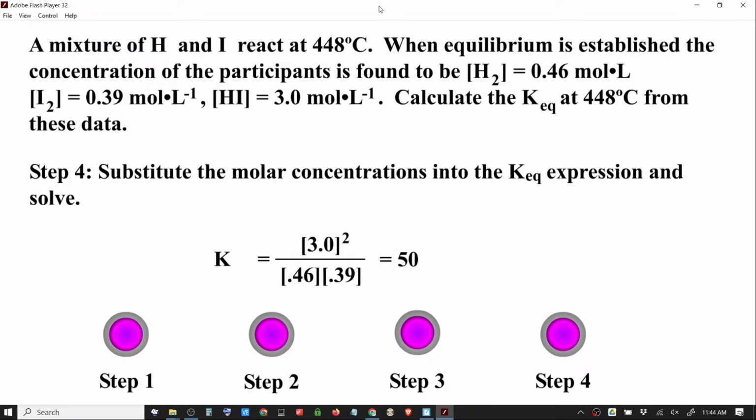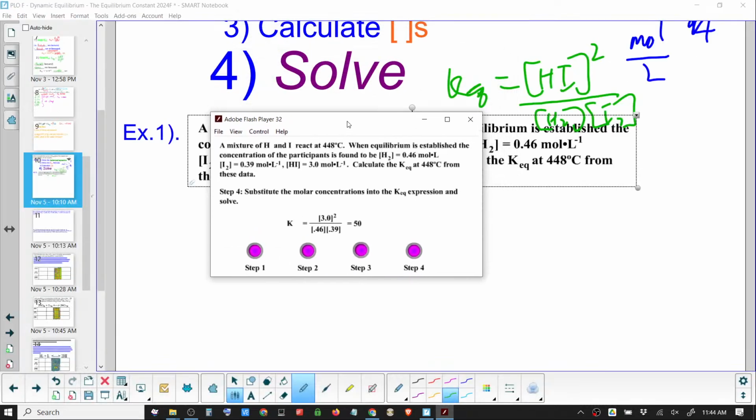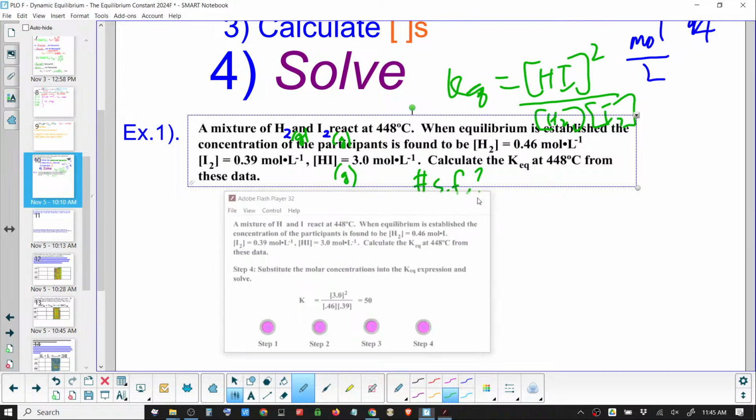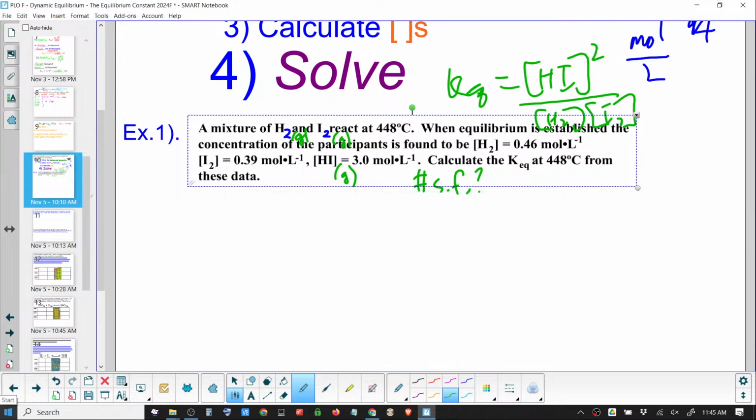Any group that didn't, who wants to write it down? It says at 448 degrees. Yep. Does that, you just ignore that? No, and in a lot of equations, it'll say at this temperature. What is the one factor we know that changes the KQ?